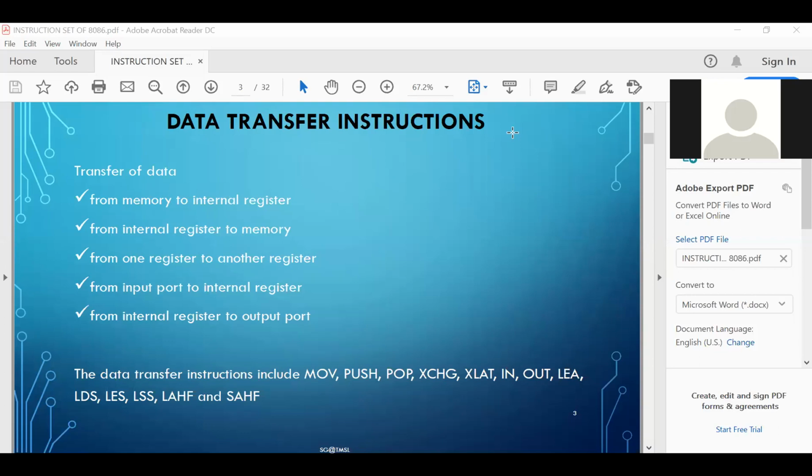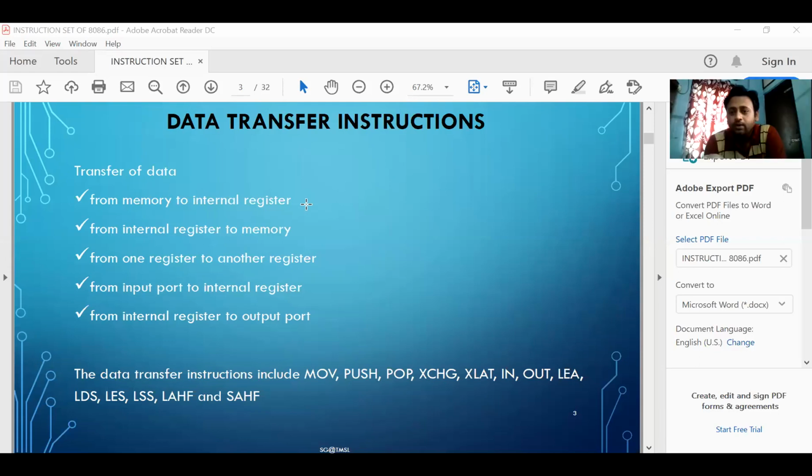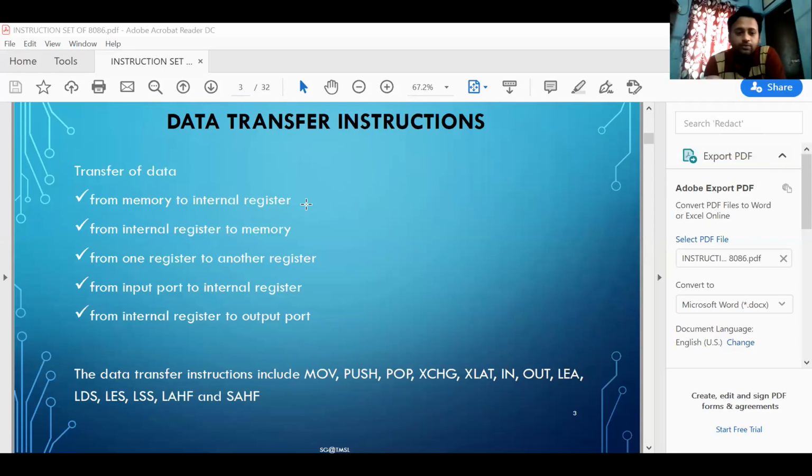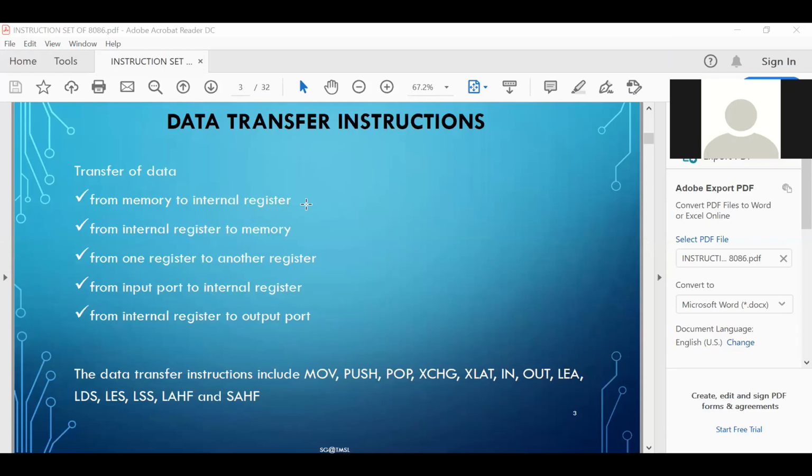So the data transfer can be implemented either from the memory to internal register, because the memory is external to the processor, so memory to internal, and from internal to memory, from one register to another register, and it's register to register, from input port to internal register.